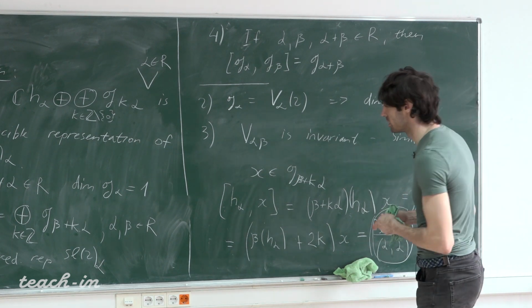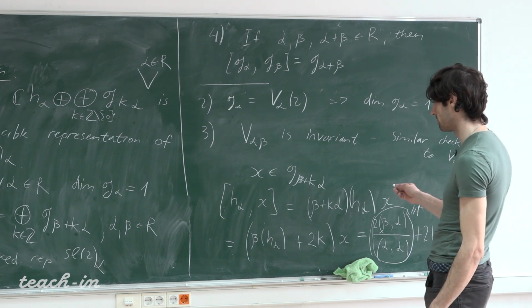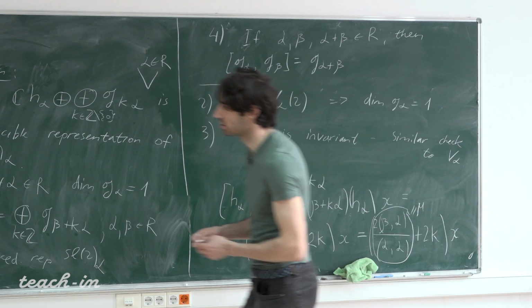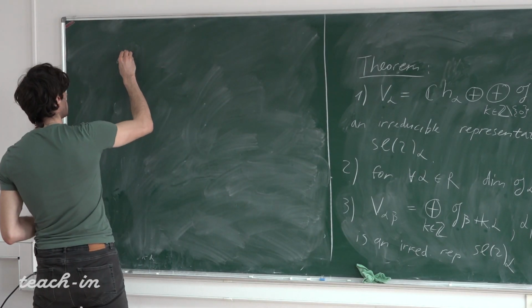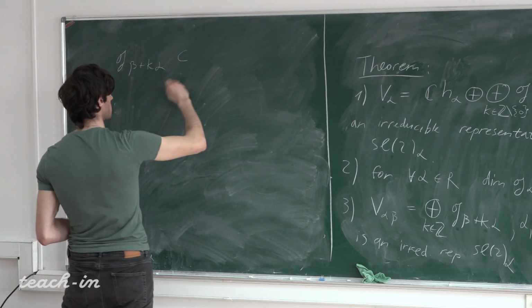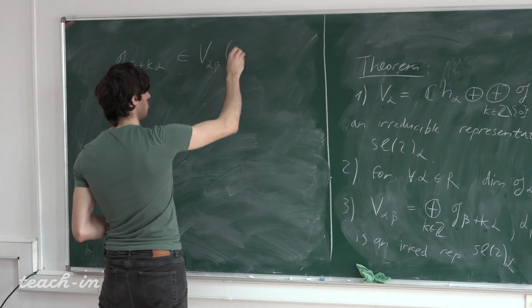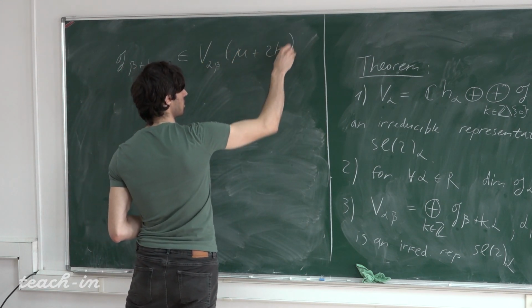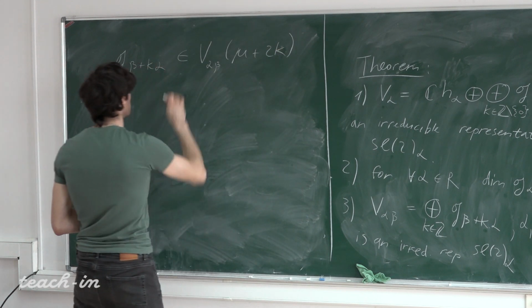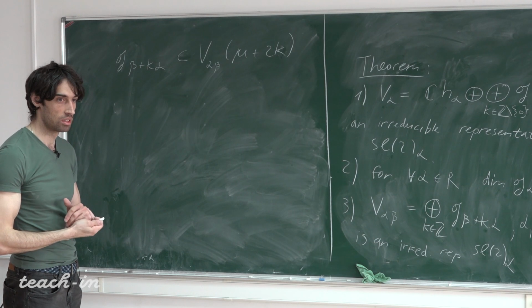Then what we computed is that, maybe again, let me go to this board, I have that g beta plus k alpha is inside V alpha beta of mu plus 2k. It is a subset of it, right?